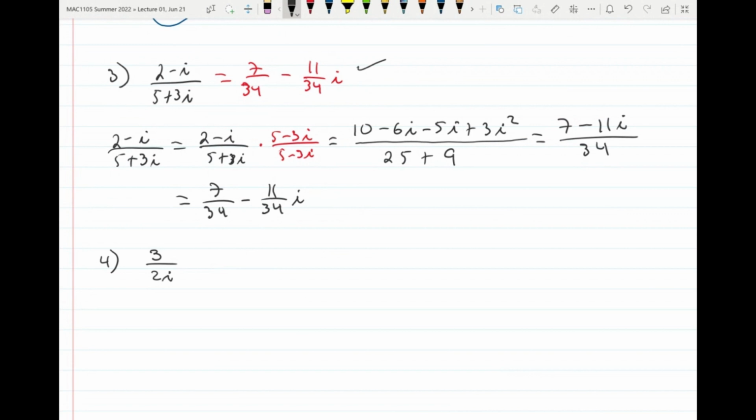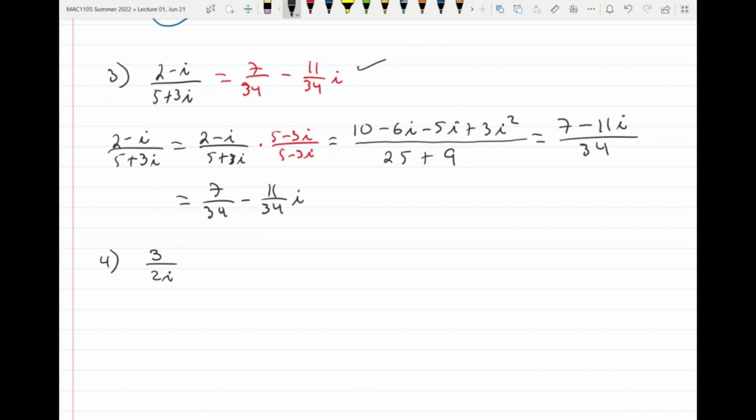Negative 2i. In this special case, it's going to work. It's just that if you multiply top and bottom by negative 2i, the 2's will cancel out anyways. So it will do the job if you multiply top and bottom by i. Remember, the idea here is that you just want to get rid of this i down here. You will get rid of it if you multiply by negative 2i, that's true. But you will also get rid of it if you multiply by i.